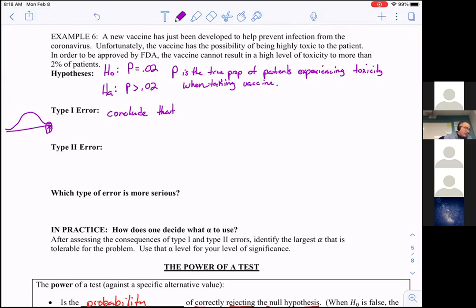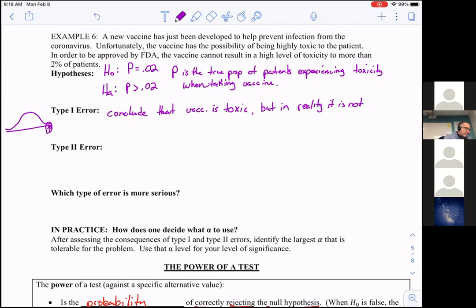So we would conclude that the vaccine is toxic, but in reality, it is not. I'm trying to avoid writing "is not" alone, that's just too vague.